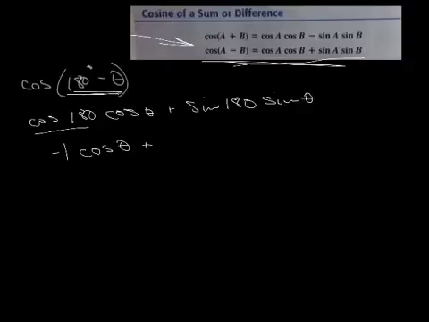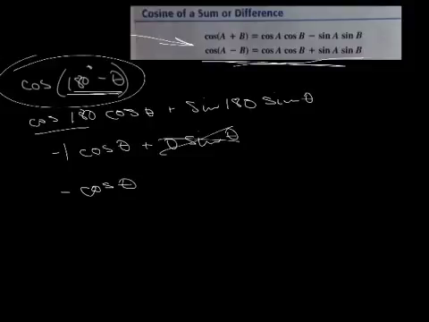I know the sine of 180 is 0. 0 times anything is 0, so that goes away. So we have negative cosine of theta left. So this actually equals that. And that's what we were doing. We were writing it as a function of theta instead of having the 180 in there as well.